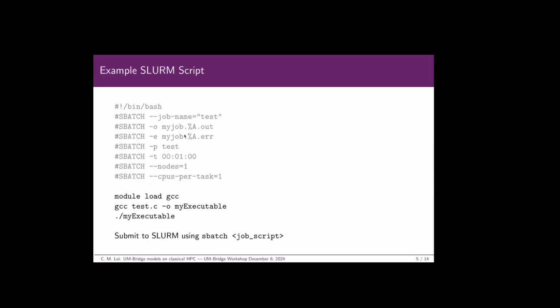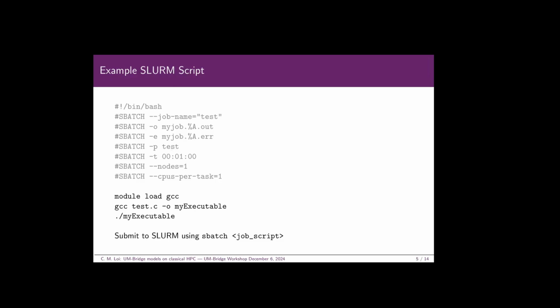This is how an example Slurm job script looks. You put in your shebang, the shell. These keywords are passed on to Slurm. For example, this one specifies the job name, and this one specifies the name of the output, the error, and so on. This -p stands for partition.